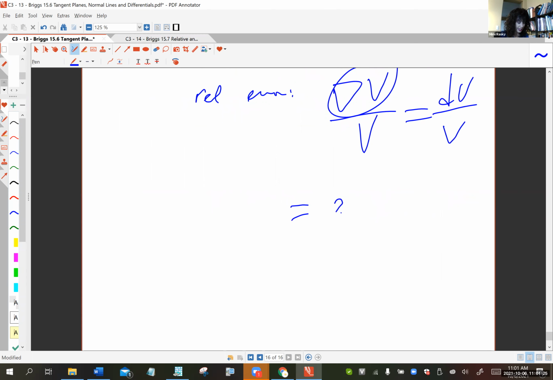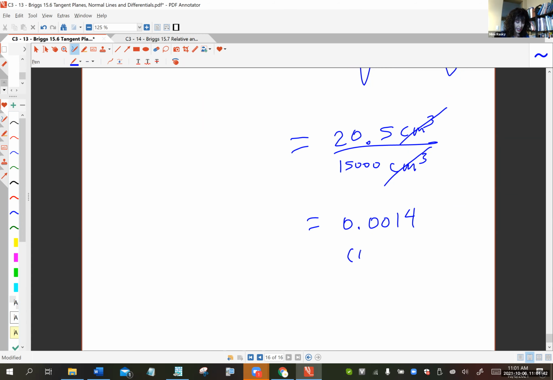So for us, it's 20.5 centimeters cubed divided by 15,000 centimeters cubed. The centimeters cubed cancel because relative error has no units. And I get 0.0014. And if I convert that to percent, you guys know how to convert a decimal to percent, move your decimal place over to the right by 2 spots, and I get 0.14%.